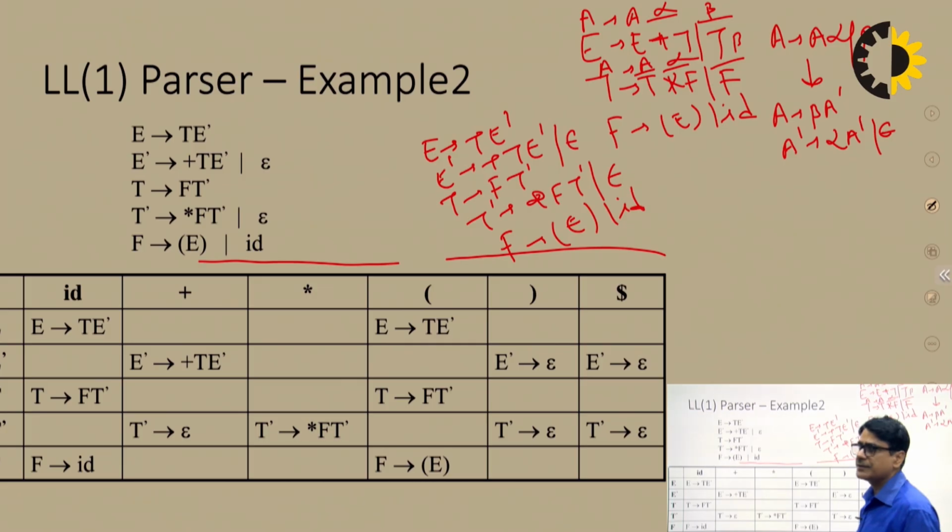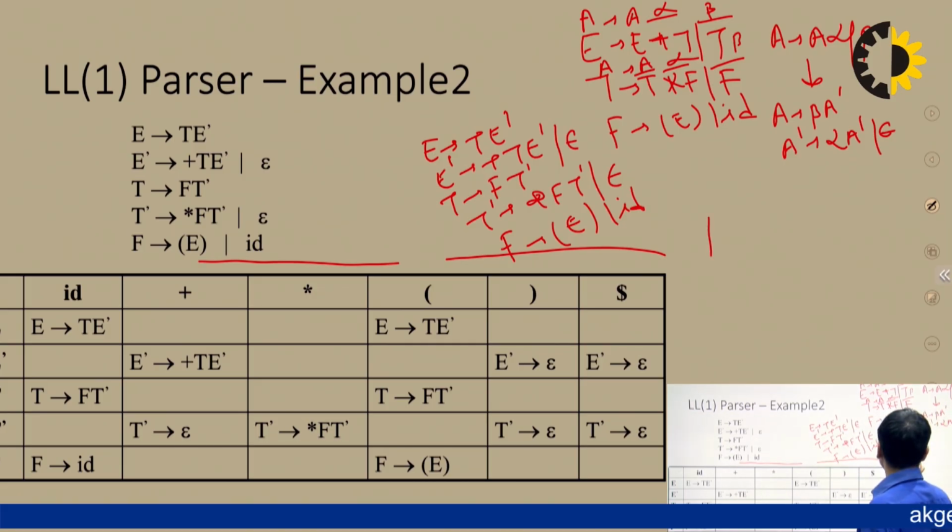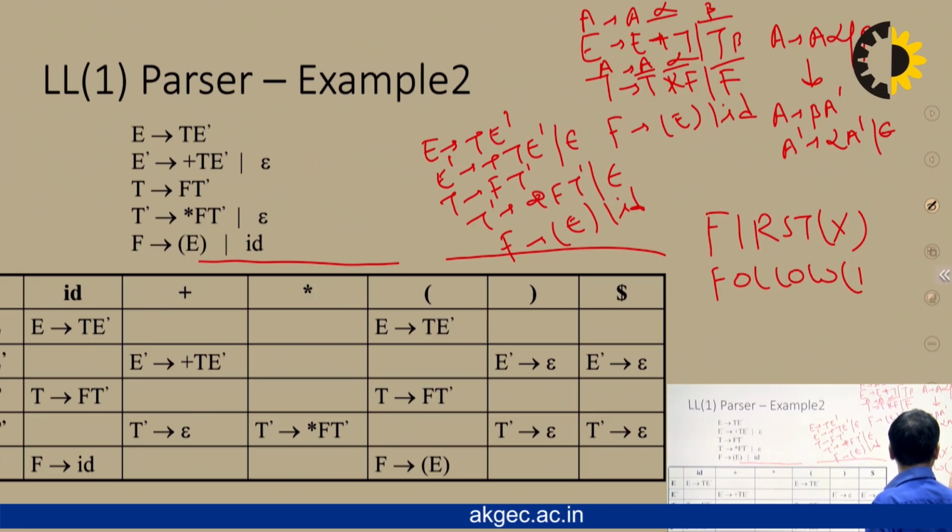The most important thing: for getting this table, you are taking this grammar and finding first of capital X and follow of B. The first of capital X means capital X is a grammar symbol, so a terminal is also in the first, and a non-terminal also derives the first.